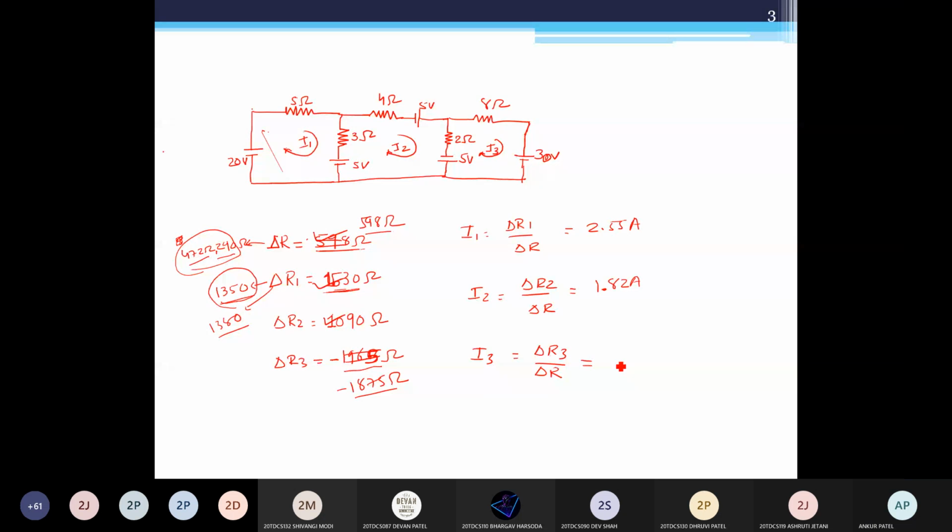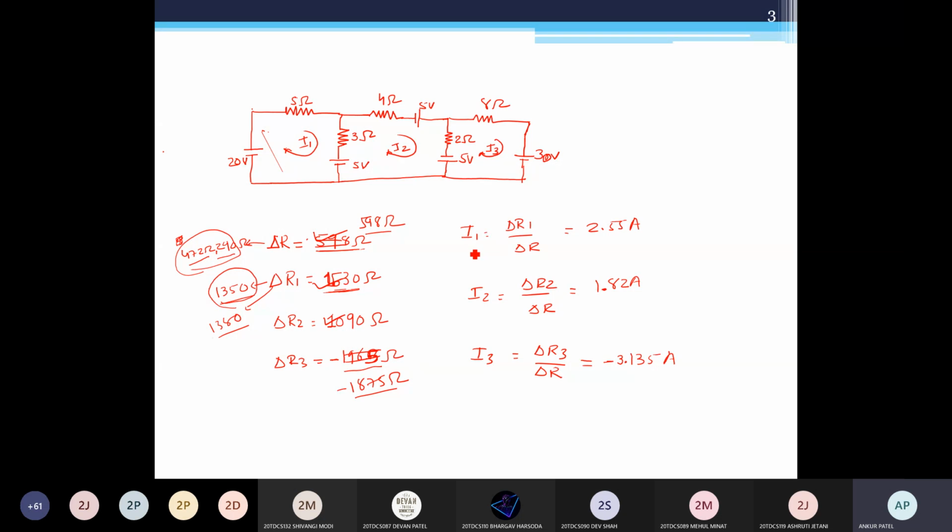I3 minus 3.135 ampere. So this is the answer. This is the mesh current answer.